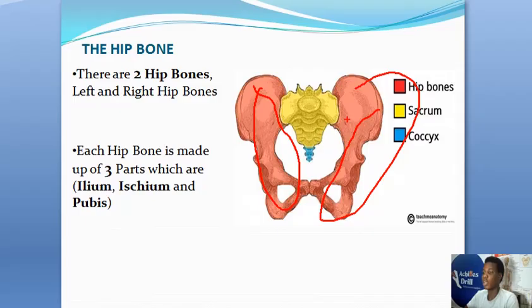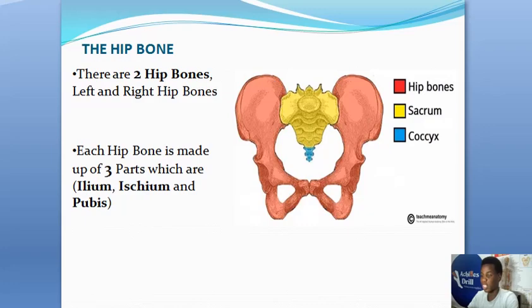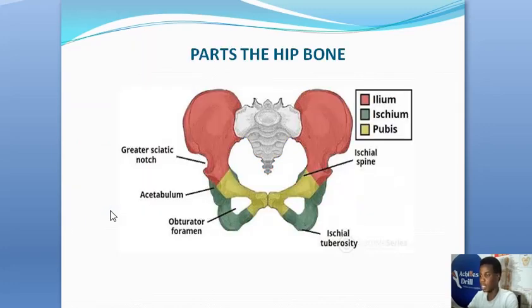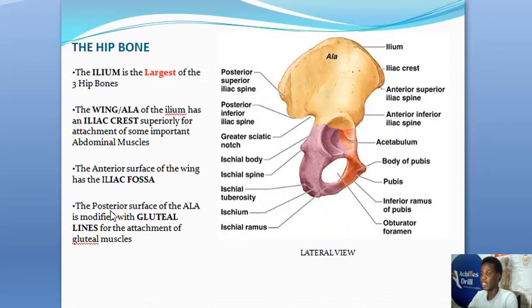Now each bone, as we've discussed when we were counting the number of bones in each lower limb, we established that we have the ilium, the ischium, and then the pubis. We'll talk about each of these parts now in details. Stick with me. There's the picture showing the various parts of the hip bone, and then let's talk about them one by one, starting with the ilium.